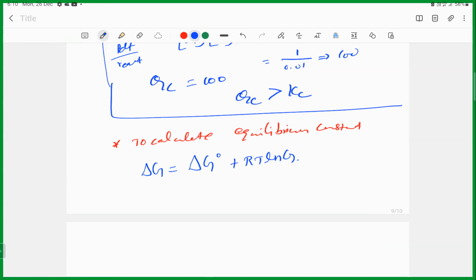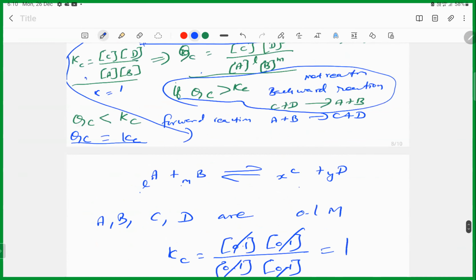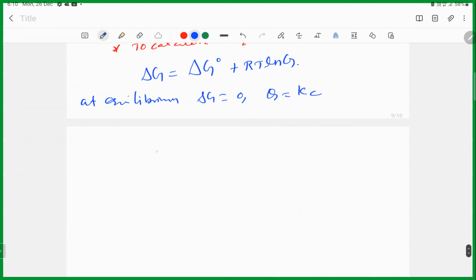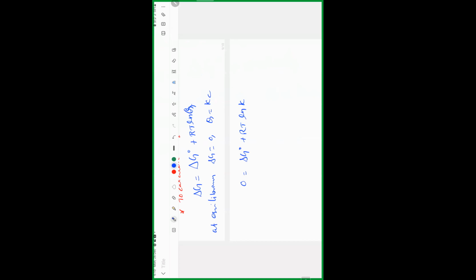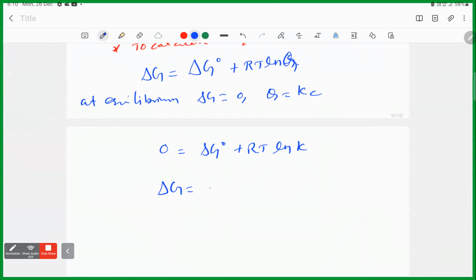Okay, so at equilibrium, always delta G is 0, then Q is equal to Kc. இல்லையா இப்பதானே பார்த்தோம் ஈக்லிபிரியத்துல QC is equal to Kc வேல்யூ தான் இருக்கும். So delta G is 0, delta G0 plus RT ln K. And the equation change ஆயிட்டு வருது. ஓகேவா? Then delta G0 is equal to minus RT ln K.